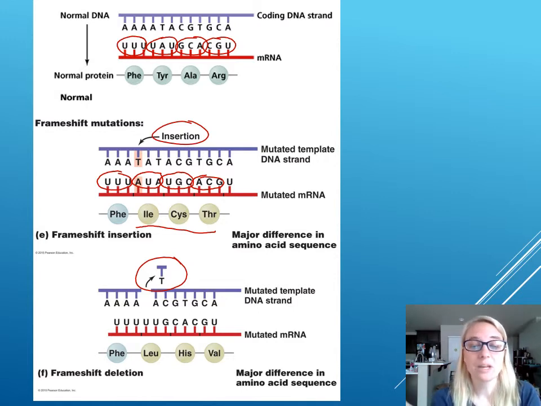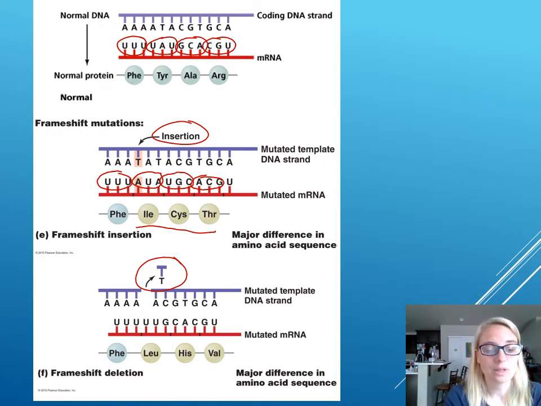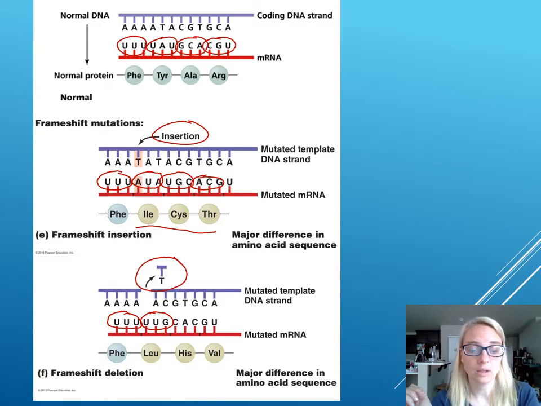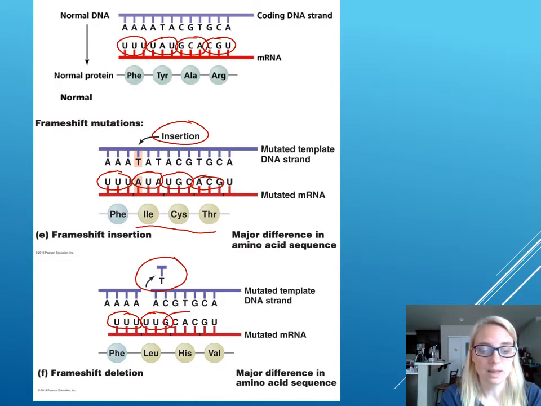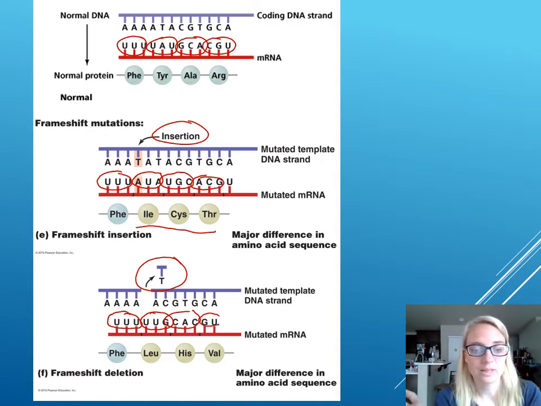And so with a major difference in amino acid sequence, this frameshift mutated protein is just going to be gibberish. It's not even going to be functional. And it's going to be the same thing if you did a deletion. So you'd have your UUU, but instead of having UAU, it's UG and CAG, and then that's not going to do anything, and so it's going to be done. So again, you have a major change in the amino acid sequence.